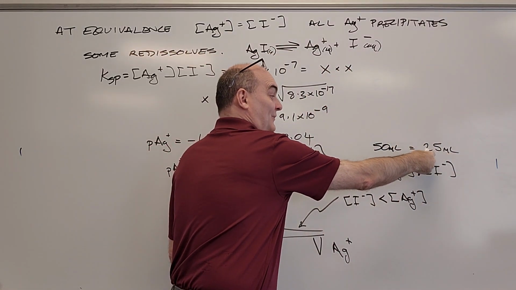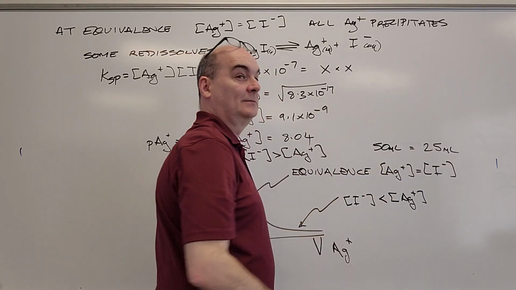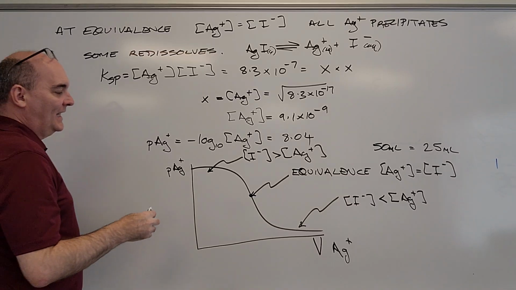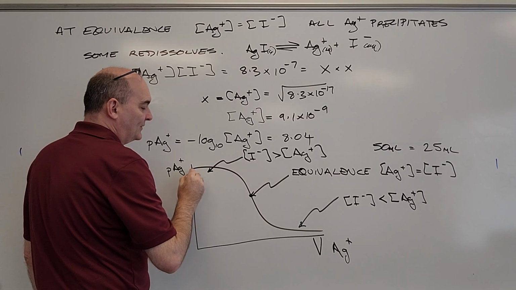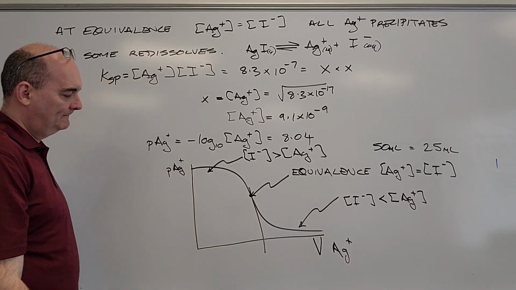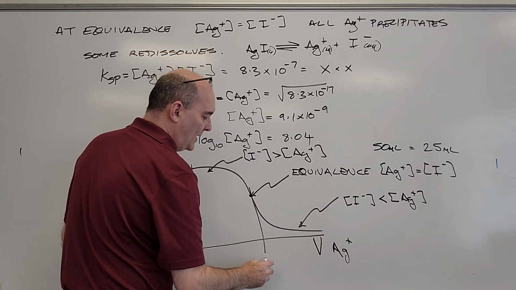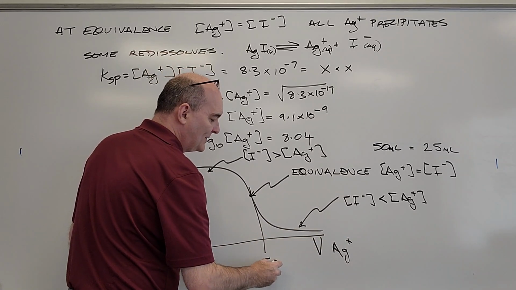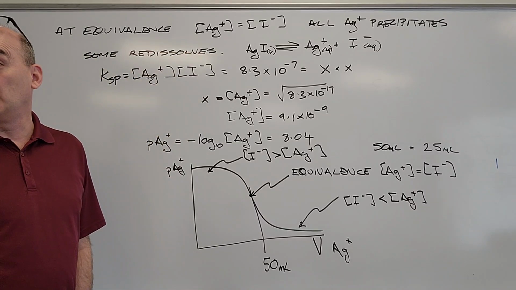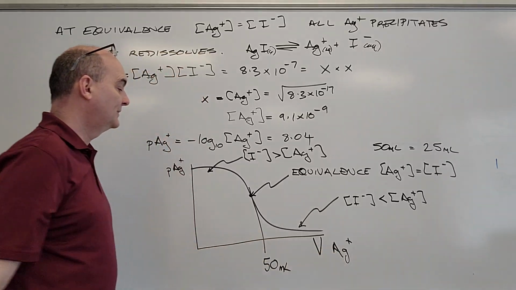So that concentration has to be twice as large as this, because M1V1 equals M2V2. Okay, let's find a place where we are here. So if that volume right there is the volume of added silver nitrate, it doesn't matter that it's a nitrate. All the nitrate is doing is making it soluble. The thing that's important here is it's the silver that's in solution.